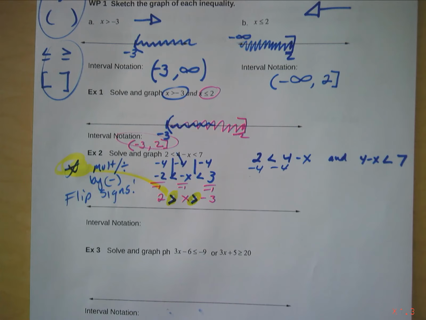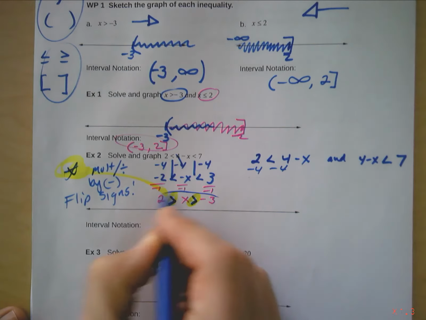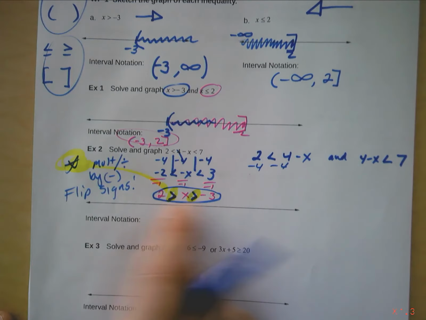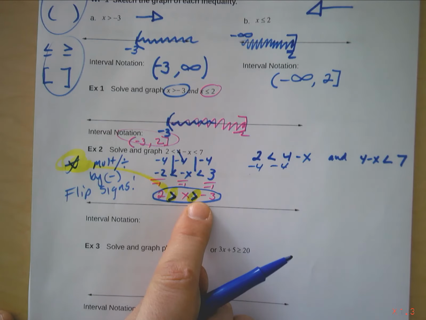Now, this one had a lot going on, and I don't really love how it is written. You see how the 2 is on this side and the negative 3 is on this side?